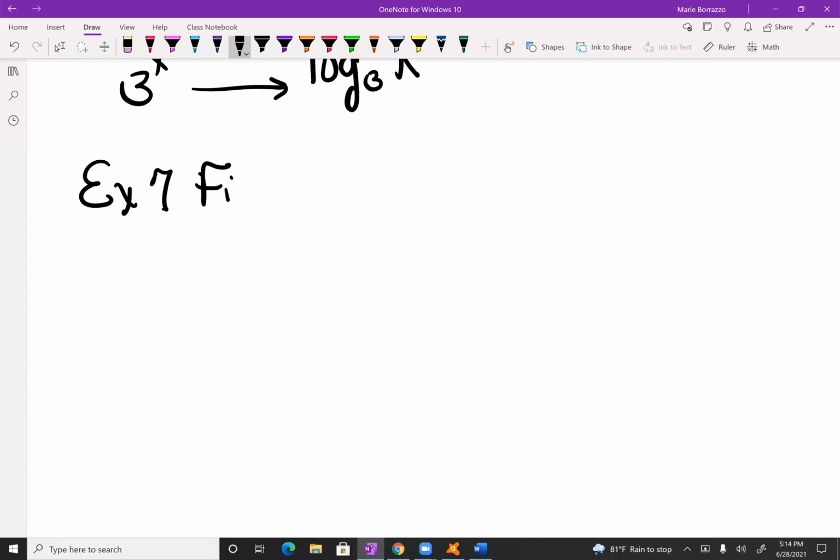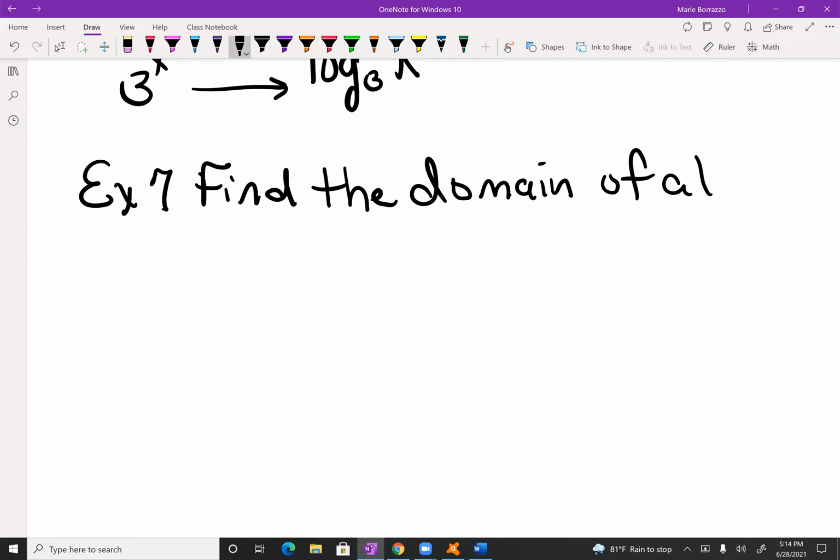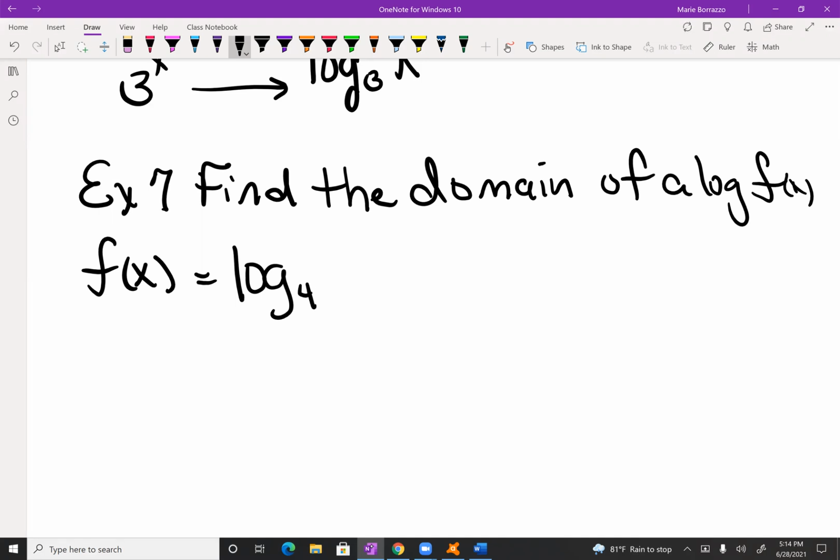they're asking you to find the domain of a logarithmic function. Okay, so they say to you, given f of x is equal to log base 4 of x plus 3.